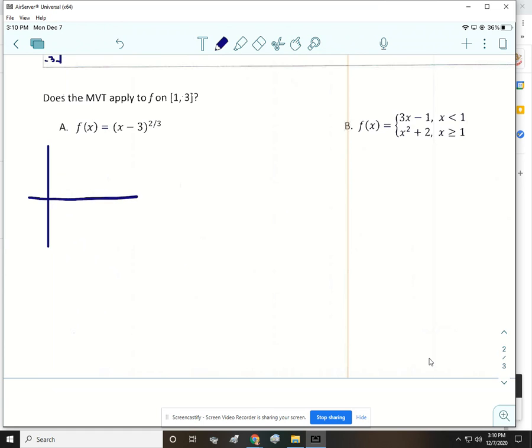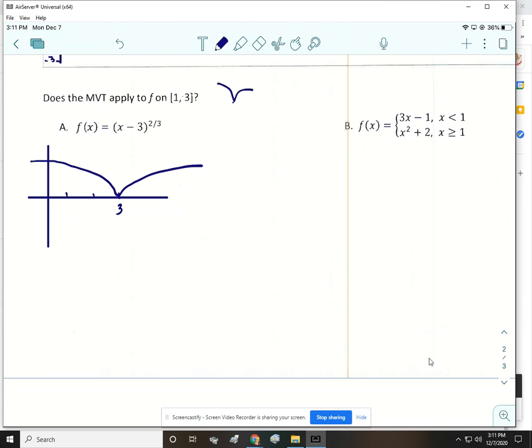When something is raised to the 2/3, it kind of looks like birds flying in the sky, and that point is actually going to be at 3 on this one because we have the horizontal translation, shifted 3 to the right. So it looks something like that. That's not perfect, but that's basically what it looks like.